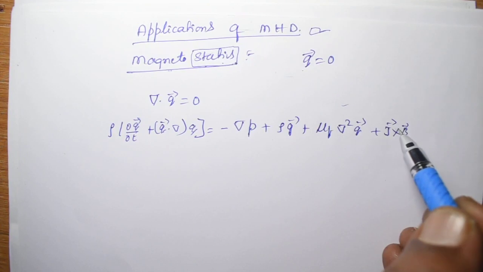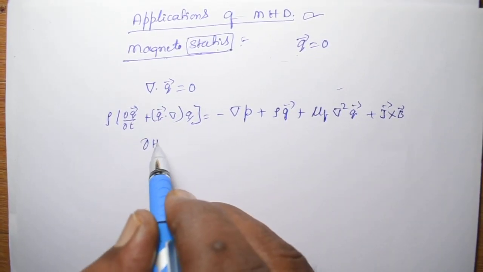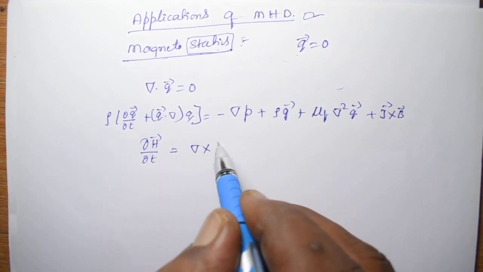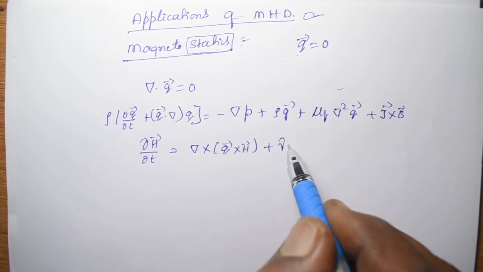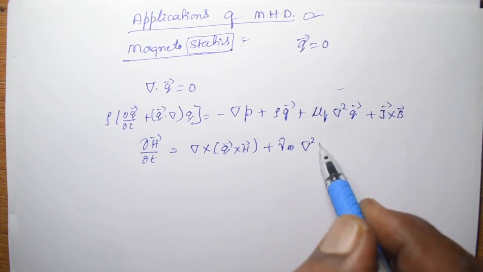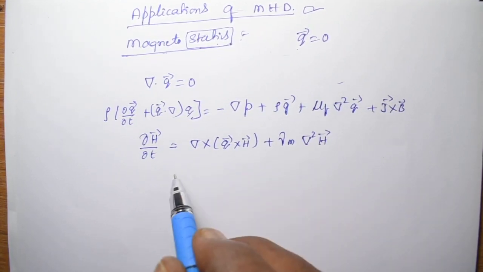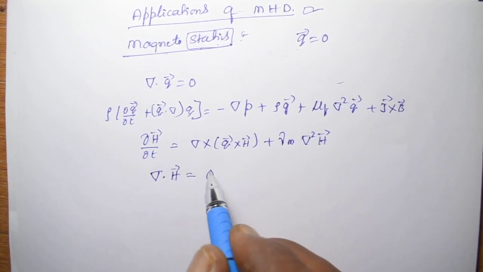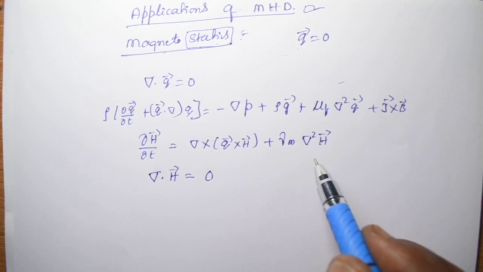The magnetic induction equation is given by del h by del t is equal to curl of q cross h plus nu m into del square h, and then the solenoidal property, del dot h is equal to 0. These are the four main basic equations we come across in magnetohydrodynamics.